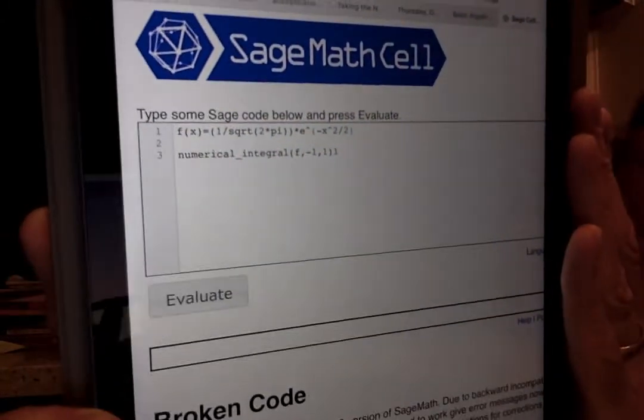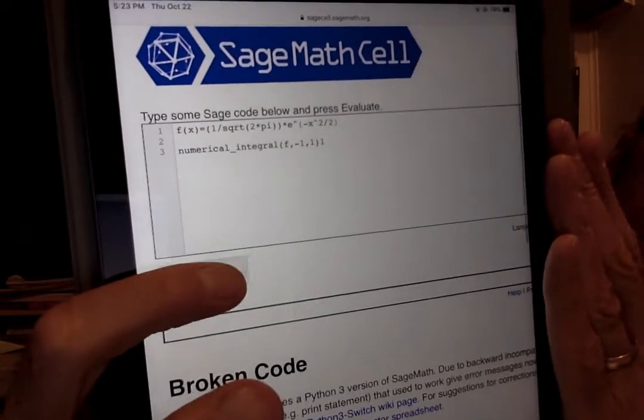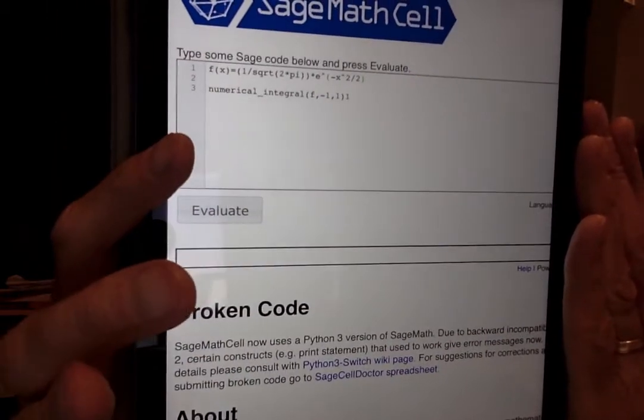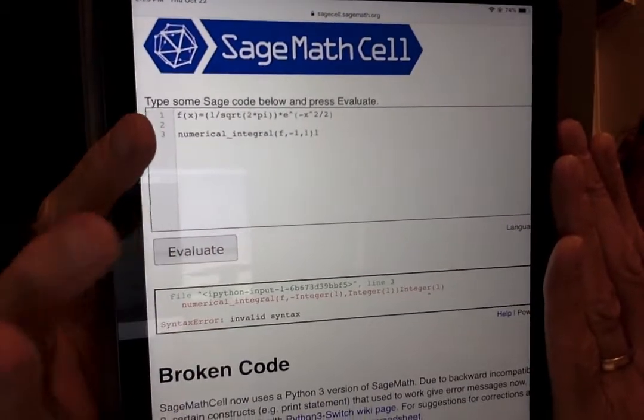Okay, perfect. And then with Sage Cell, if you've done this right, you hit evaluate. Sorry, there was an extra thing in there. So let me hit evaluate again.